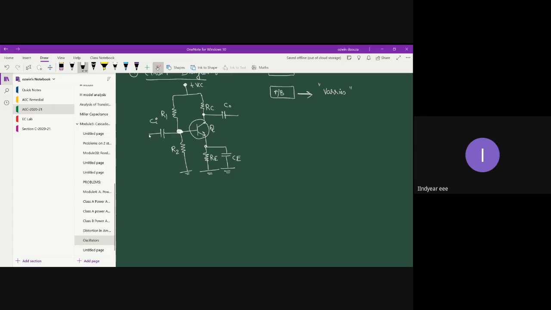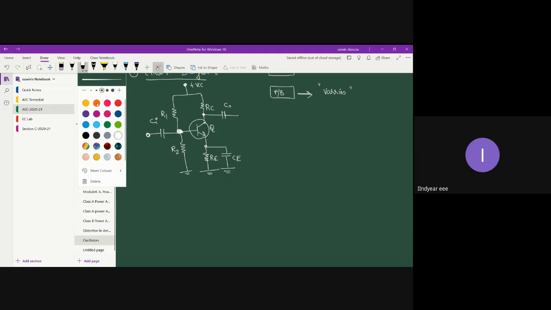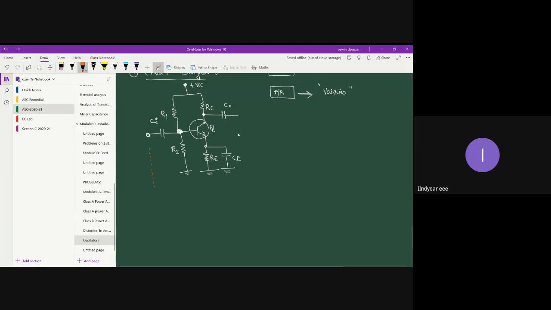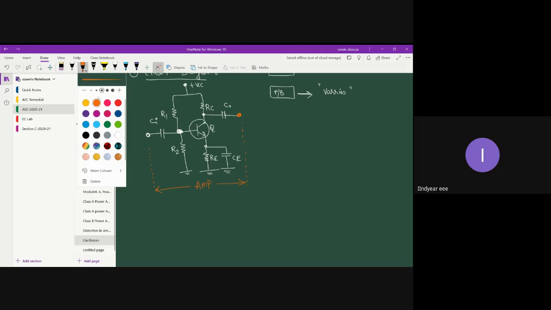Now we need to draw, let me write with a different color, that this is your amplifier block. Let me change the color.